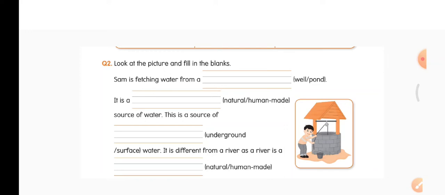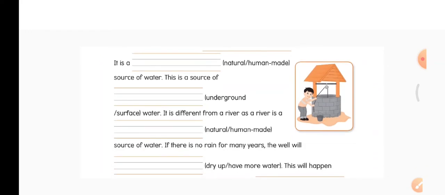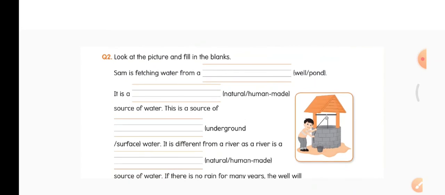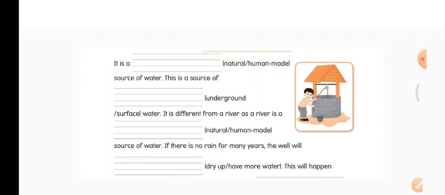So first blank well, second blank human made, third blank underground, fourth blank river is a natural source of water.